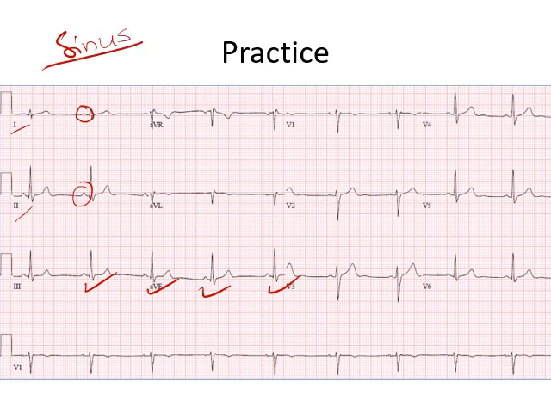And also the heart rate, if you consider this as the first QRS complex, this would be 300, this would be 150, this would be 100, this would be 75, this would be 60, and this would be 50. So heart rate is somewhere between 50 to 60, which tells us that the patient is having bradycardia. So this ECG is showing sinus bradycardia with perhaps normal P waves. I just included this so that you guys could focus on how normal P waves look.